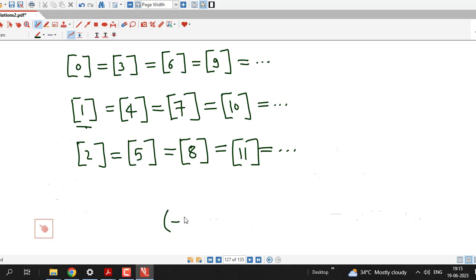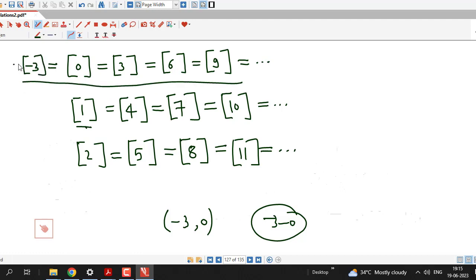Suppose I consider -3, 0, then -3 minus 0 is divisible by 3. Therefore, the equivalence class generated by -3 is also in this category. Similarly, this will continue. Here I can write -6. Same thing here. If I subtract 3 from 1, I will obtain -2.